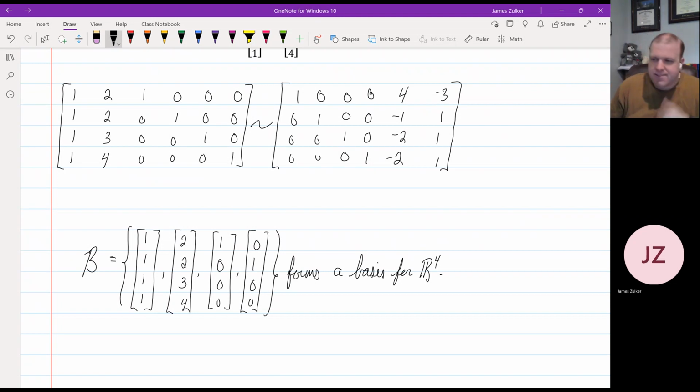So there is a basis for R4 that contains 1, 1, 1, 1, and 2, 2, 3, 4.